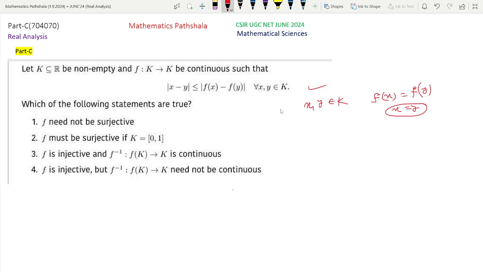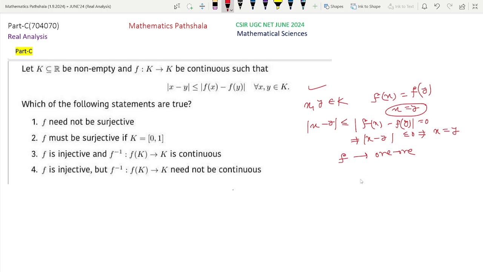So using this given condition, we have |x minus y| less than or equal to |f(x) minus f(y)|, and as here f(x) equal to f(y), this is 0, so we must have |x minus y| less than or equal to 0, which implies |x minus y| equal to 0, that is x equal to y. So we get that f is 1-1.